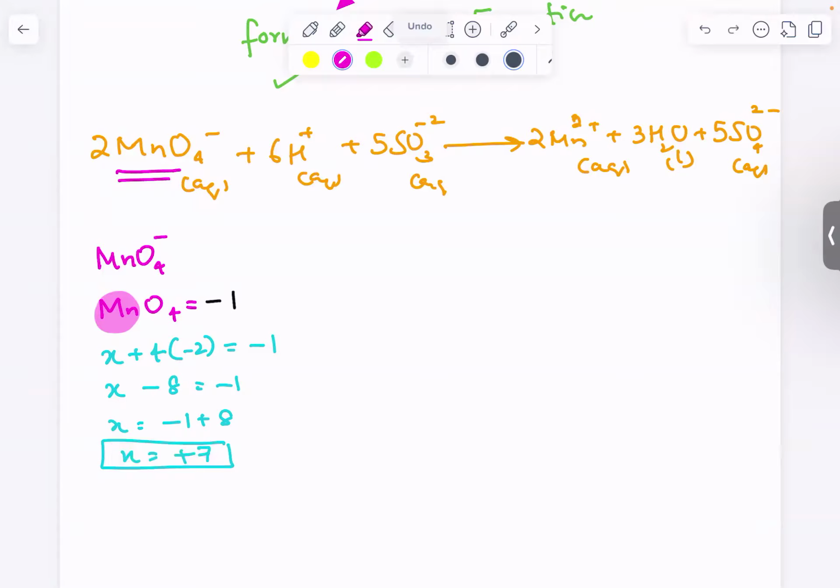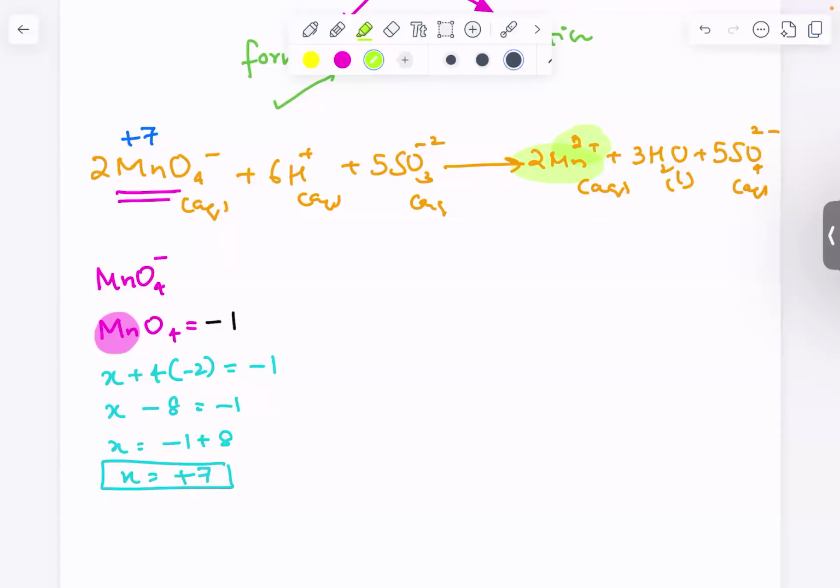All right, we have +7, so I am going to write +7 here. So we have found this. Then comes the second one. Let me highlight this one. As I told you, whatever is the charge on the ion, that is the oxidation number, so we do not need to calculate it.